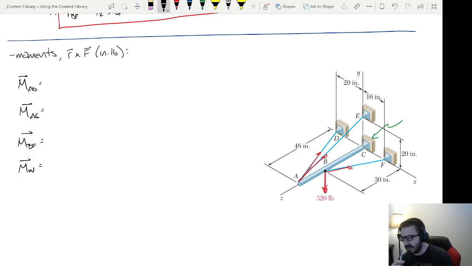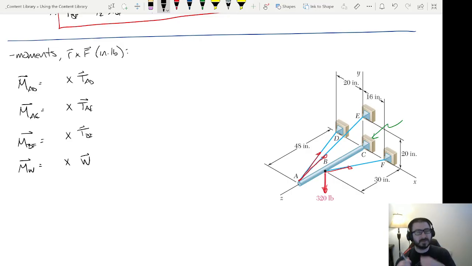Okay, so we're going to have a position vector crossed with a force vector. I think the force vectors are pretty easy, right? So this is going to be TAD, TAE, TBF, and this is going to be our weight vector. But just make sure that you're using the correct position vectors.